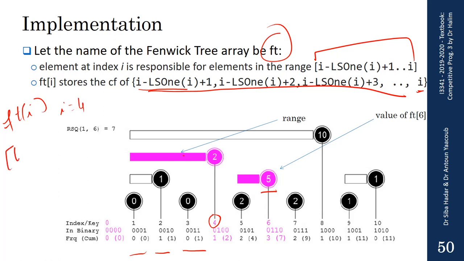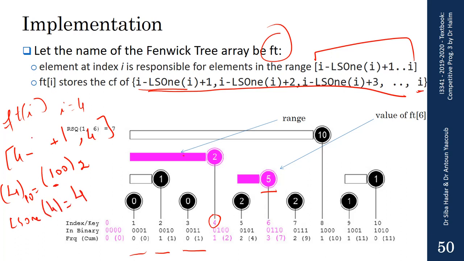What is ls1 of 4? 4 in base 10 is equal to 100 in base 2, so the least significant one is also here, and ls1 of 4 is equal to 4. So 4 minus 4 plus 1 is 1, and the range is 1 to 4. So ft of 4 is responsible for the range 1, 4. Let's do 6. Let me erase.